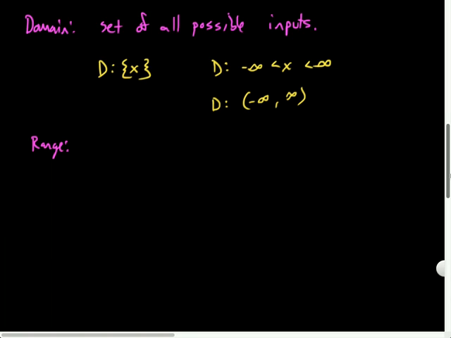The range in terms of functions is the set of all possible, can you guess it? Outputs. So the range can be defined in kind of the same ways. Here the range would be the set of all y, or output values. That's the idea. So I could also write it in those other ways.